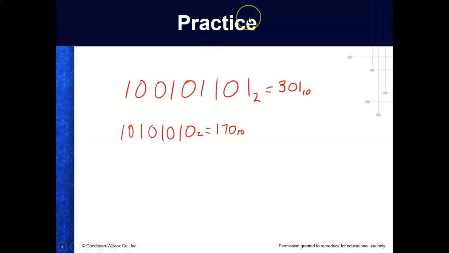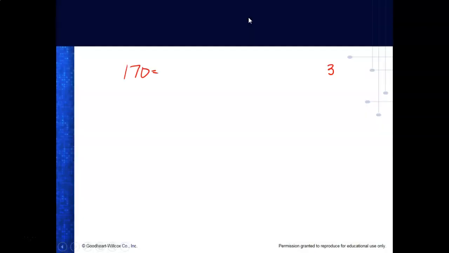So I'd come up here and write down a chart. I go 1, 2, 4, 8, 16, 32, 64, 128, 256. I always like to go one pass to make sure I got enough digits. Now we're going from decimal to binary.